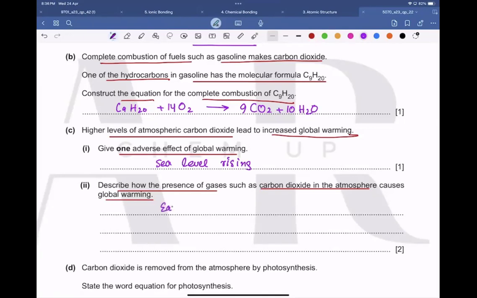If you recall, Earth absorbs some energy from the sun, and the rest reflects back.